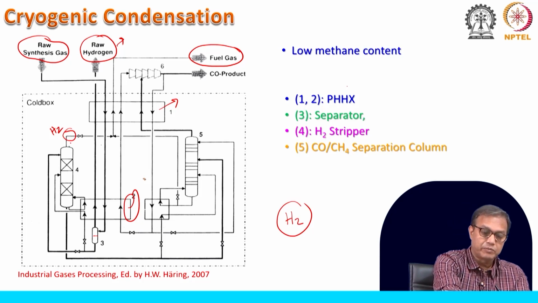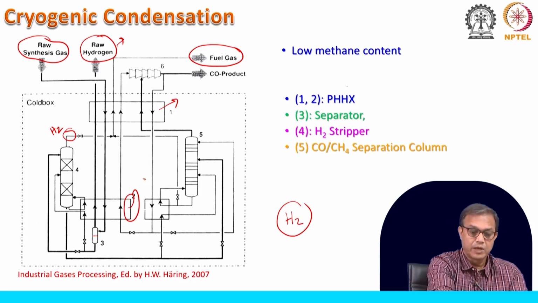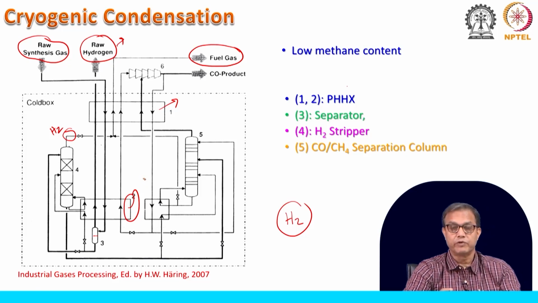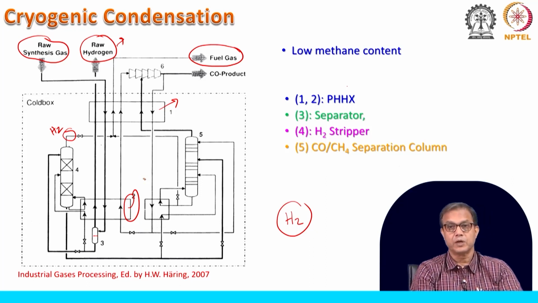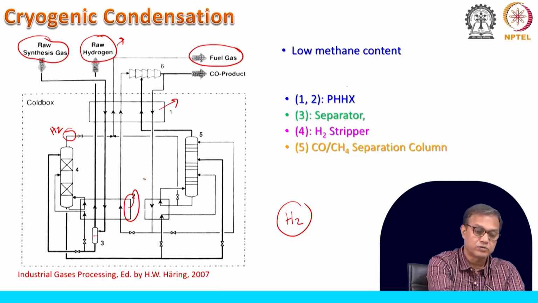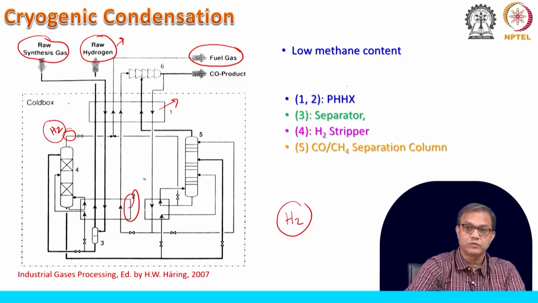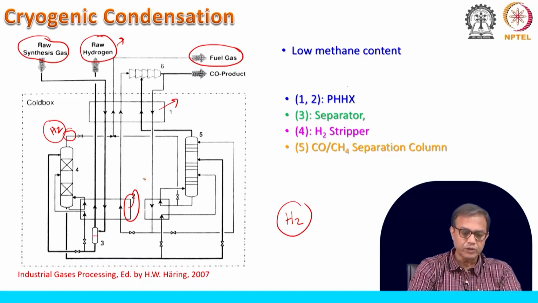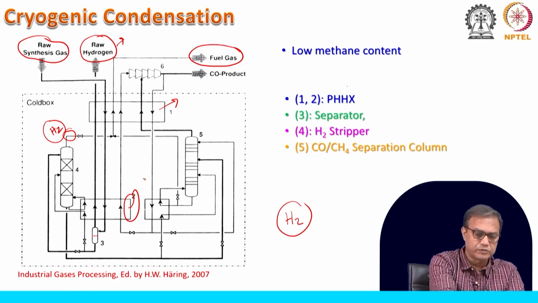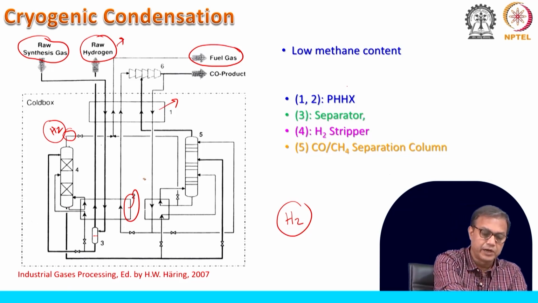That part will be coming from this hydrogen stripper, and that will come as fuel gas, and we will burn it in the steam reforming reaction. If you remember, we have said that it needs some fuel to burn, and that fuel was coming partly from the PSA tail gas, as well as sometimes from this kind of separation processes.